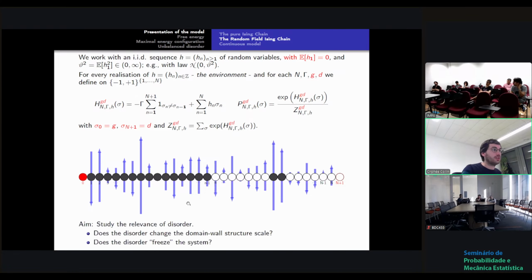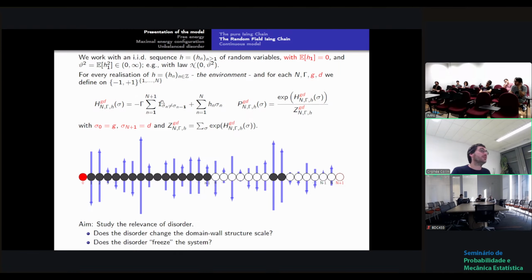Okay. Now, the aim is to study the relevance of disorder. What does this mean? This means, does the adjunction of this random external field modify the system, and in particular in the limit of large interaction? So we're going to work with this fixed law, the value theta squared, which is the scale of this sequence, is going to be fixed, but we're going to look at large values of gamma.